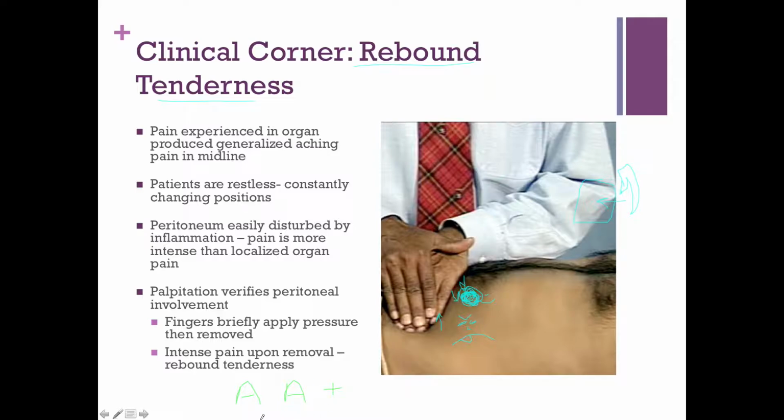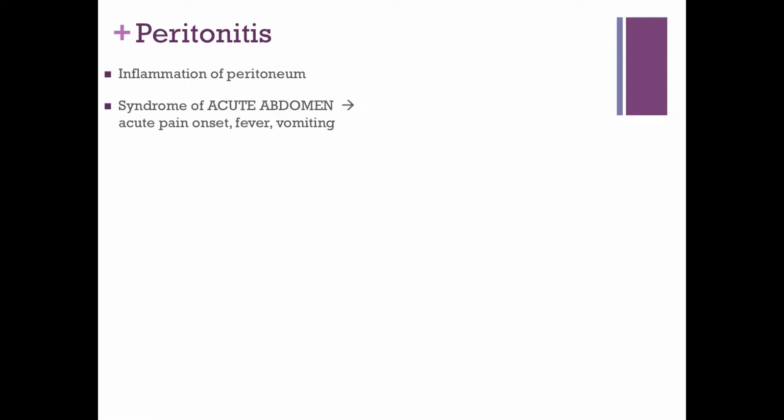Acute abdomen. All right. You'll definitely see acute abdomen in peritonitis, which is inflammation of the peritoneum. Okay, acute abdomen, like I just mentioned, that is when there is something intense pressing on the peritoneum and it becomes a more localized pain, and they would have a positive rebound tenderness test.